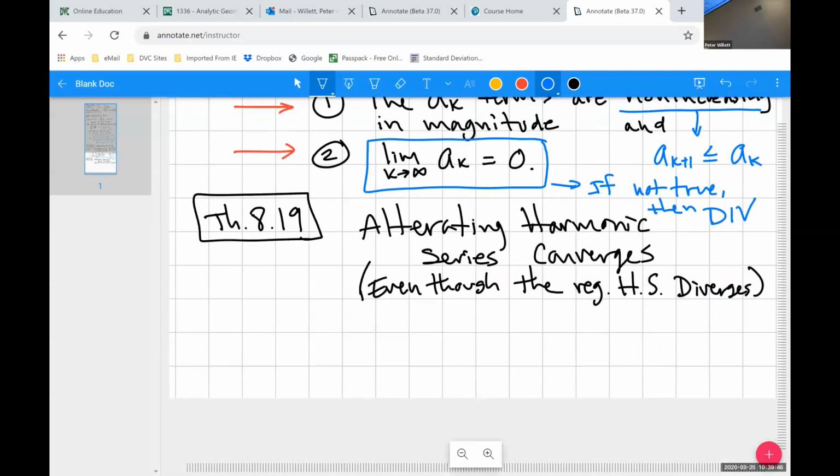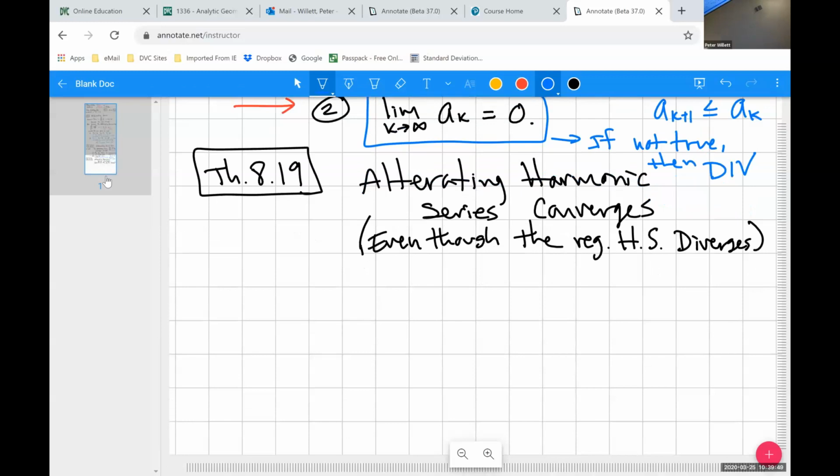All right, I'm getting a little bit in the weeds here. Let's just look at an example. Okay, so let's try maybe look at example 1 for this section, which is on page 652.